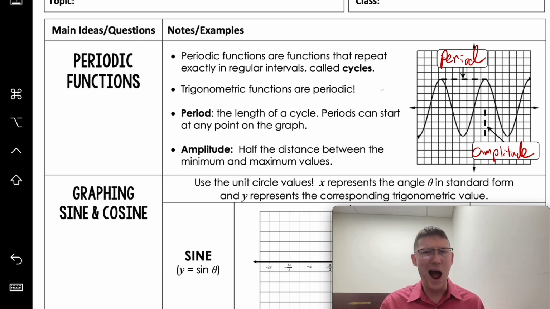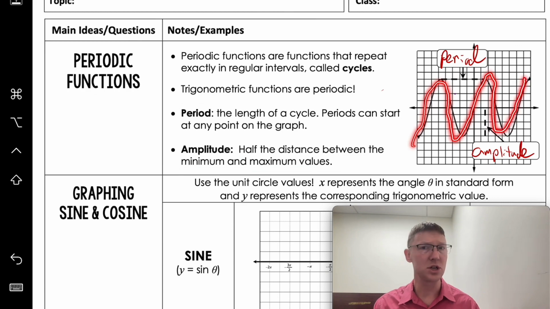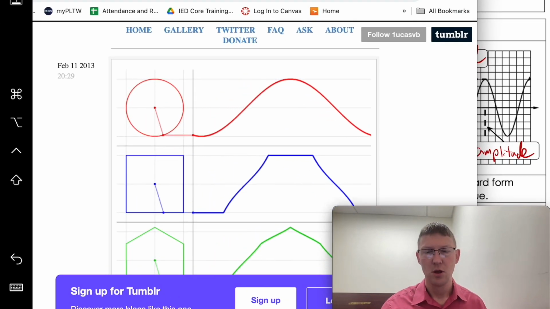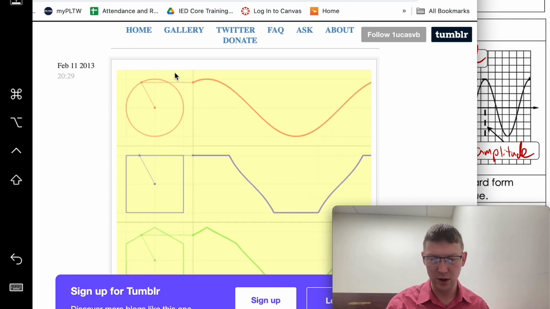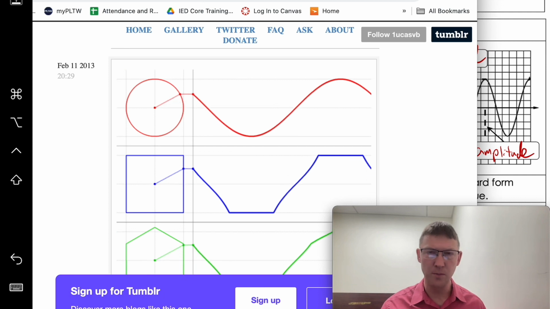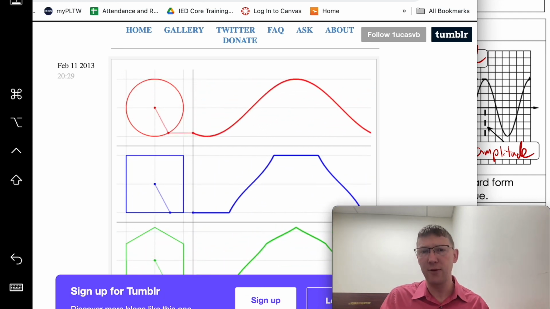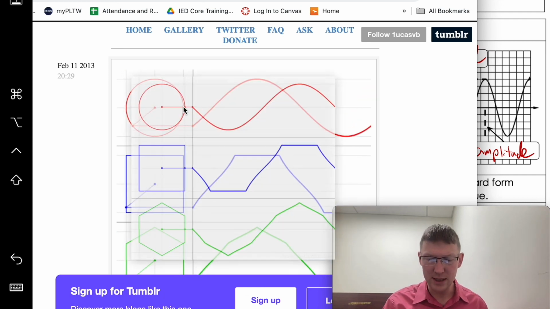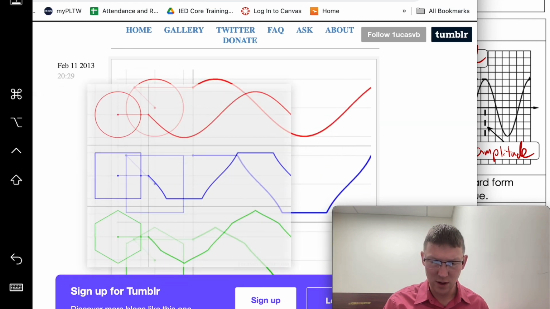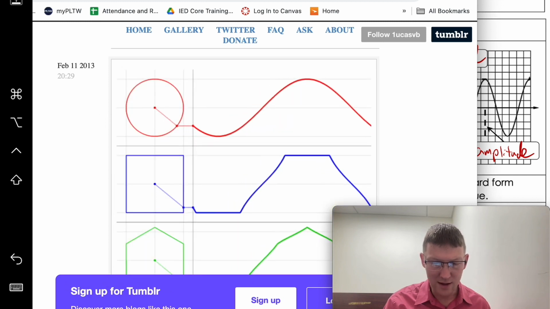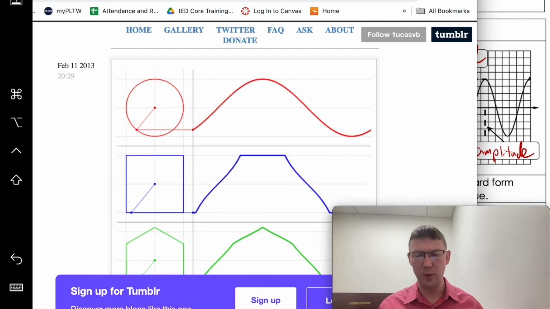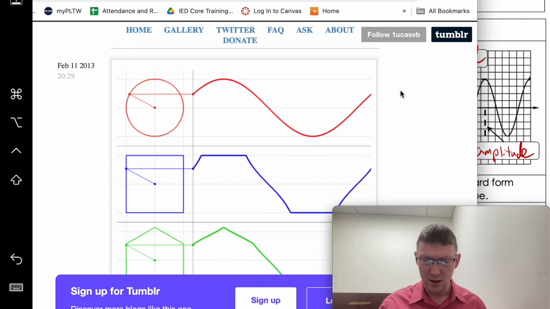But how does a trig function correspond or turn into this wave function? Well, let's check that out. If you're looking at the screen, there are three different things here, but we're really only focused on the circle. If we imagine a trig function, and we pick different parts of the circle as it goes around and graph those points, this is where that comes from.